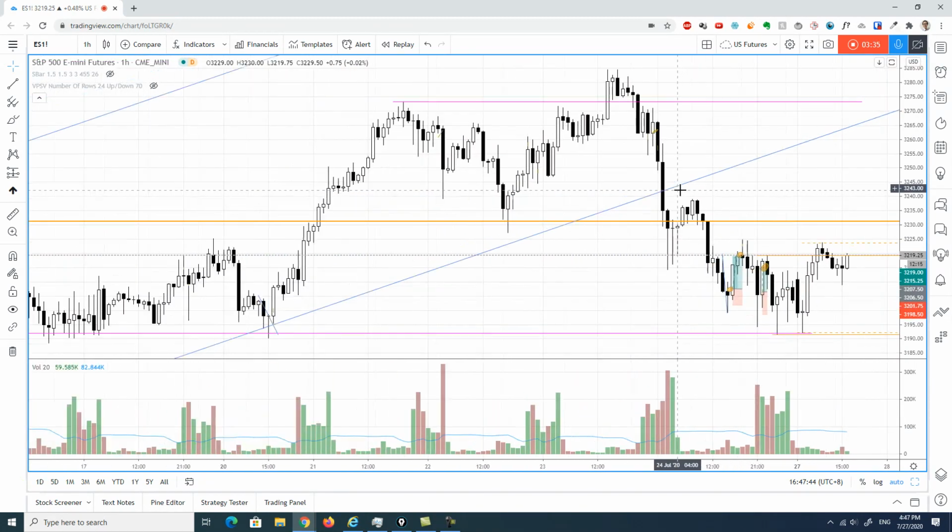This is the hourly time frame, the H1 time frame for the S&P 500. The first thing I would like to point out here is definitely the wave. We have seen the decreasing of the down wave from this one to a bit shorter to this one, which I think is the shortest.